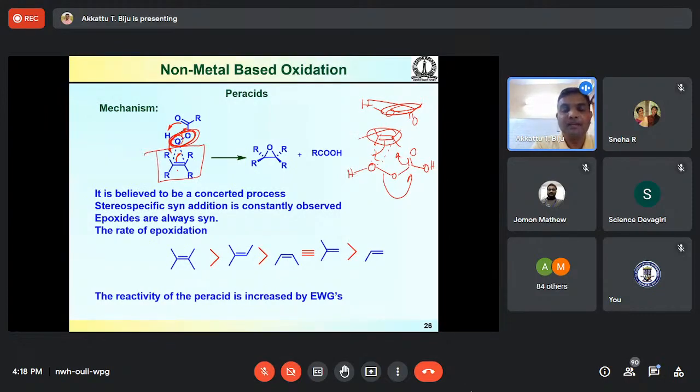the olefin, and the electron richness of the olefin is the key to the success of this epoxidation reaction.